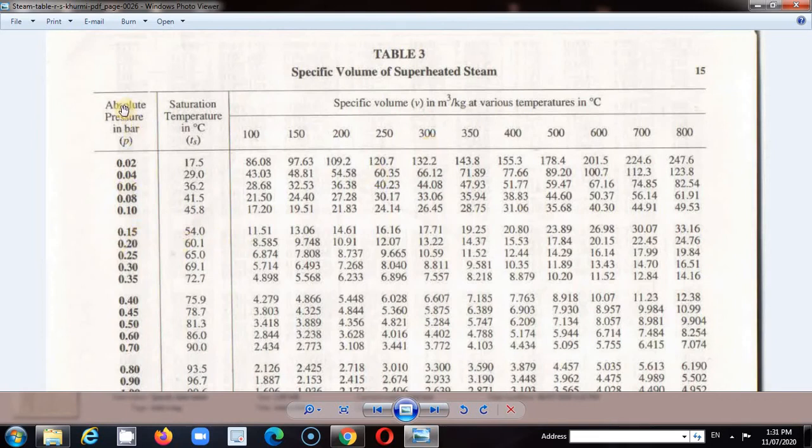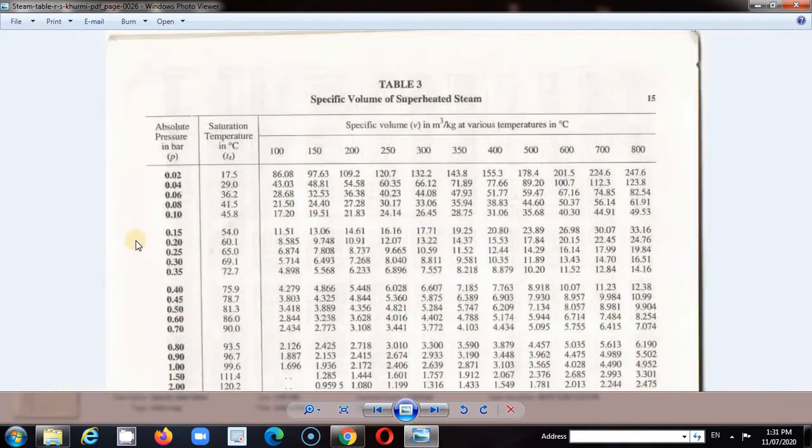Then you just select the absolute pressure, 0.15 bar, from the pressure column, and corresponding to 300 degrees centigrade you will get the value 17.71. So 17.71 is the specific volume for that given pressure.